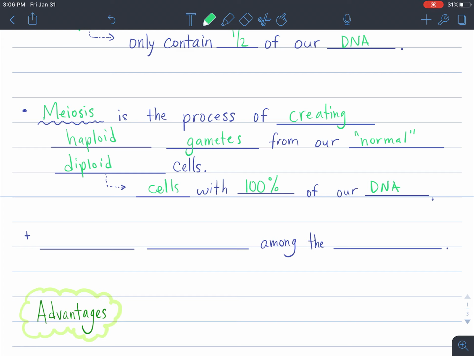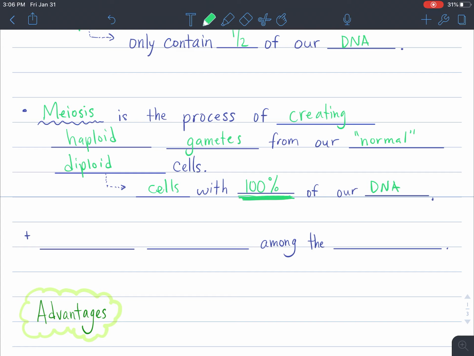So we need 100% of our DNA for our cells to know what their job is. And so almost all of our cells are diploid cells. They have all the DNA so they know what their job is. But the job of a sperm is to only have half the DNA so it can combine with an egg. So in order to get the half, we need to take half of our DNA from that pool of our whole DNA.